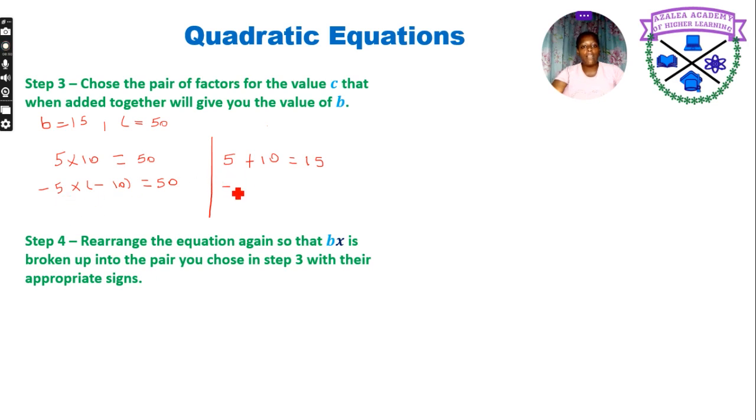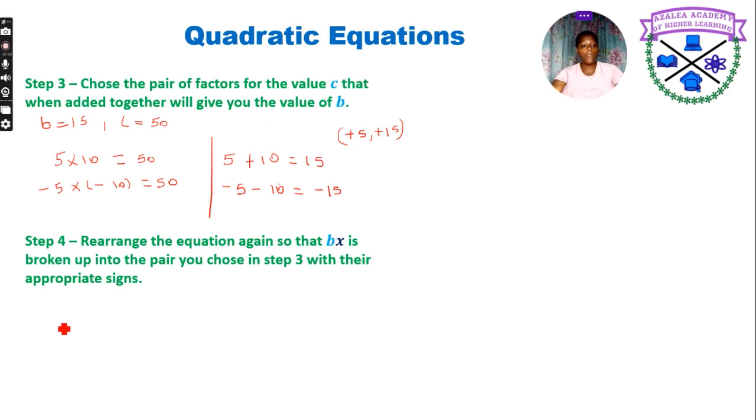But then we have here negative 5 minus 10 is equal to minus 15. Therefore, we cannot use this pair to give us positive 15. Therefore, our pair here would be plus 5 plus 10. You can pause here and replay this part if you feel like you need to understand it better.